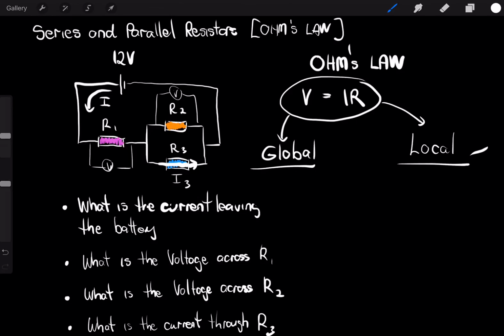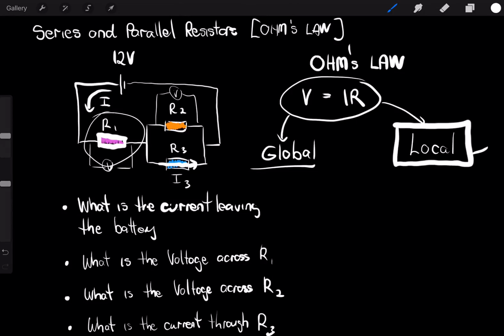Now, if we're looking at a specific component in the circuit, for example, let's say we just want to look at something to do with R1 here, if we're looking at a certain part of the circuit, we will use the local version of Ohm's law.